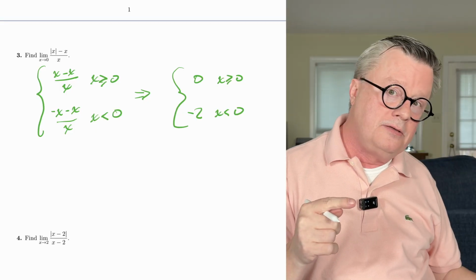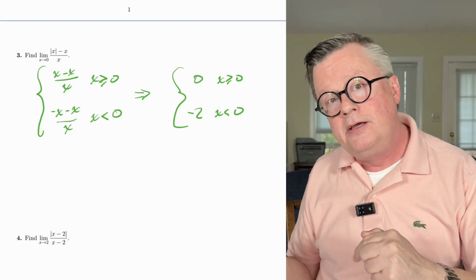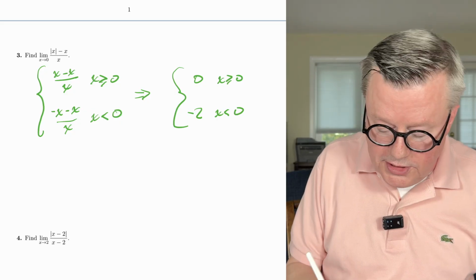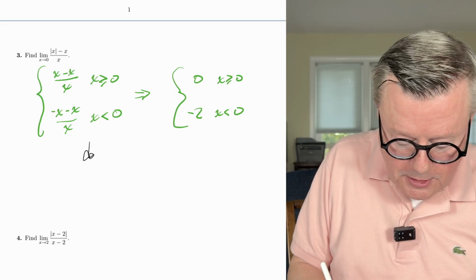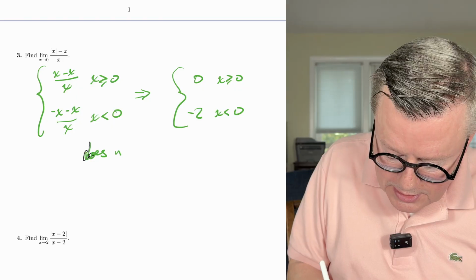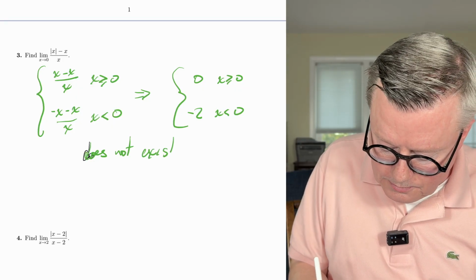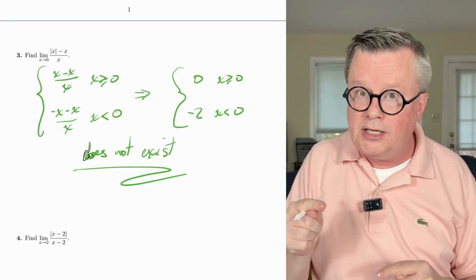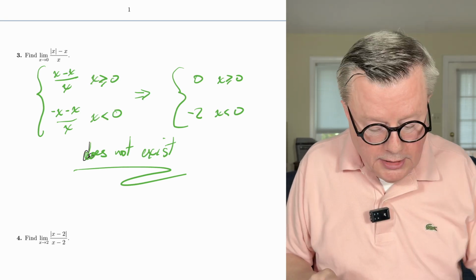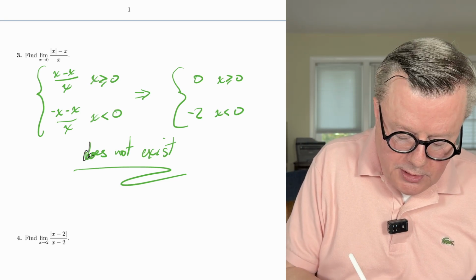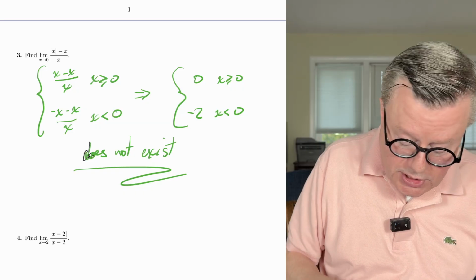From one side, that value is 0. From the other side, that value is negative 2. So once again, this limit does not exist, because the two-sided limits aren't the same. Rock! Let's move on. The next one, I'm going to use the same secret.